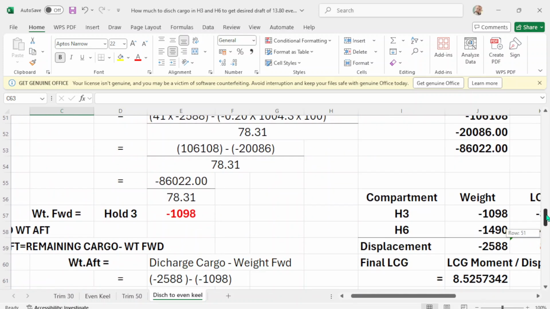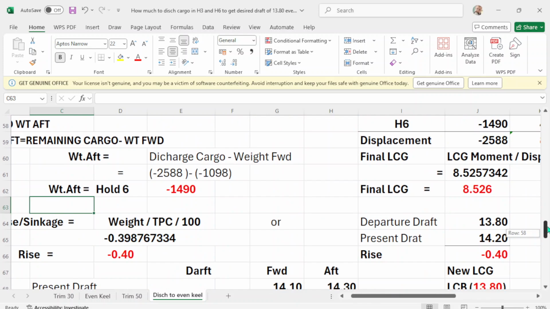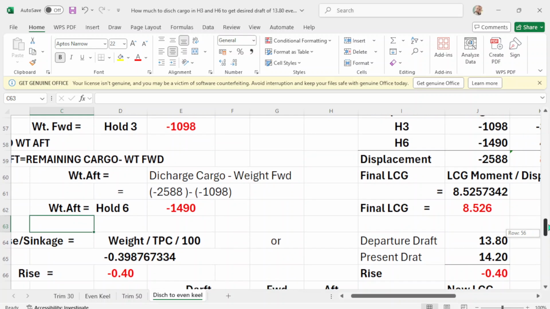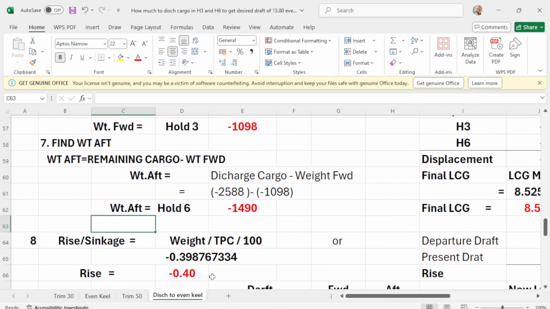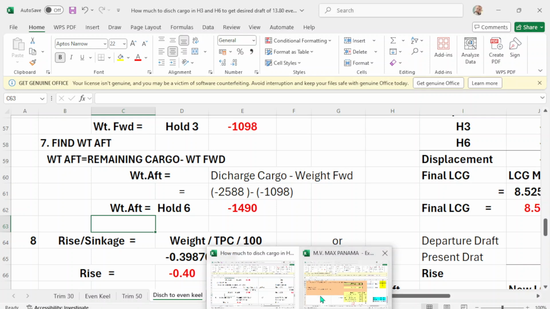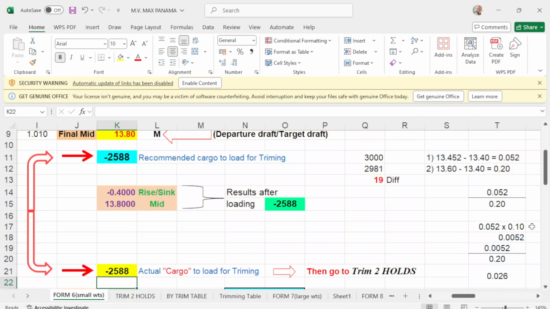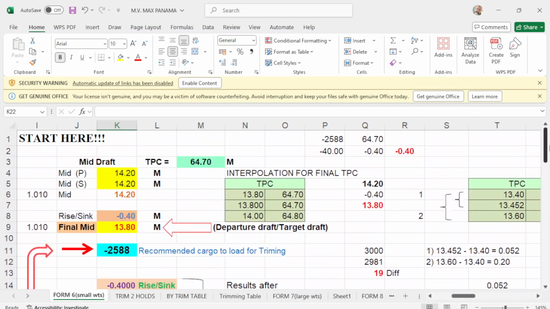Your rise is 40 centimeters. How to get this one, aside from your program, aside from this one? A rise of 40 centimeters. So 14.20 minus your 13.80 is negative 0.40. This is your rise. Okay, or this one.